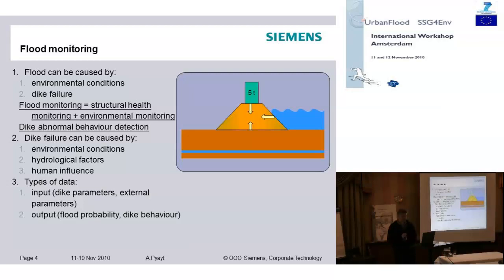And the second important conclusion is that dike abnormal behavior detection is a very important task in flood monitoring. This means that we should build such model which will be able to use input parameters like dike parameters, external conditions, and produce output like flood probability or dike behavior.